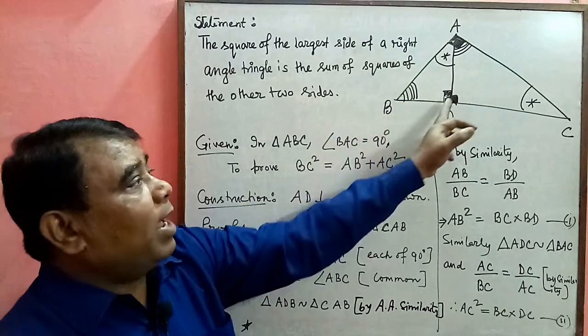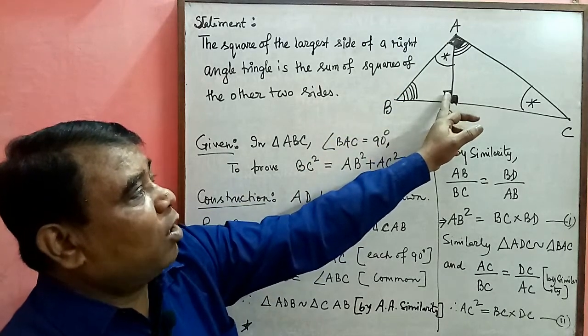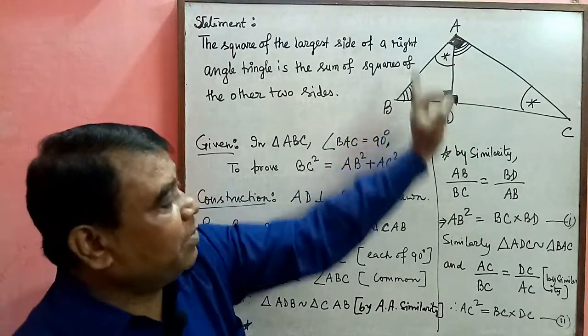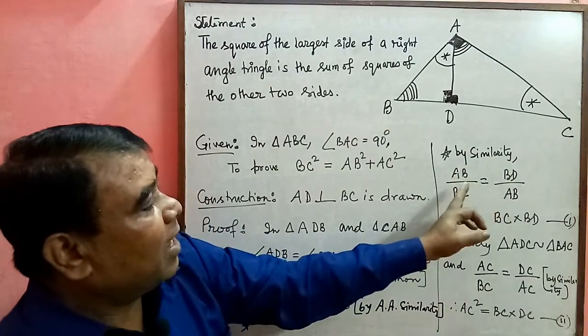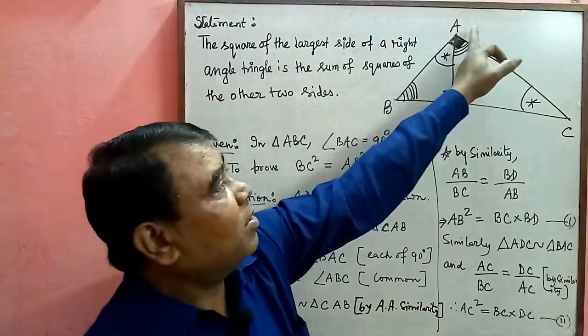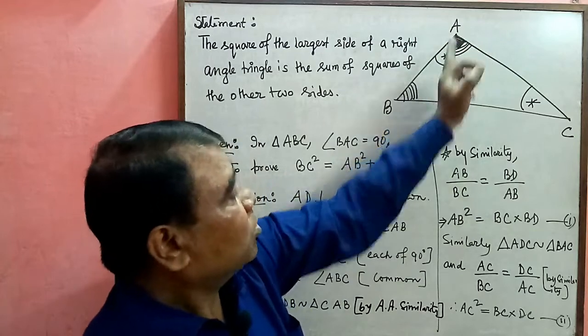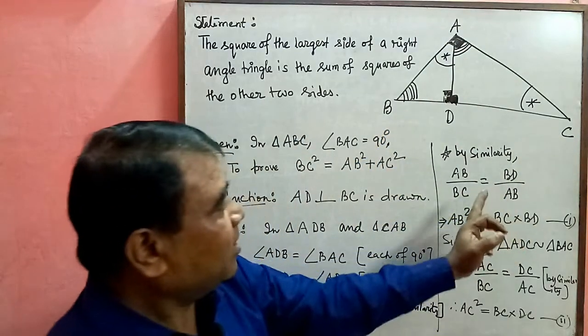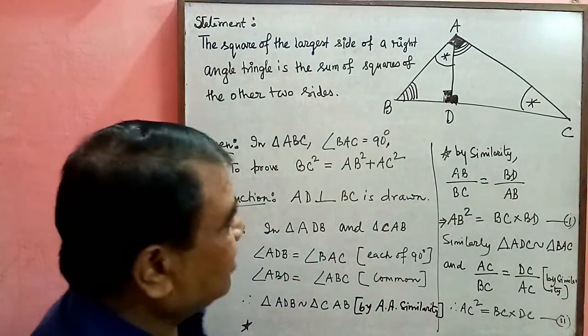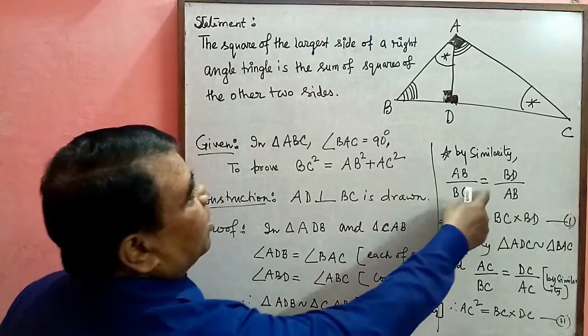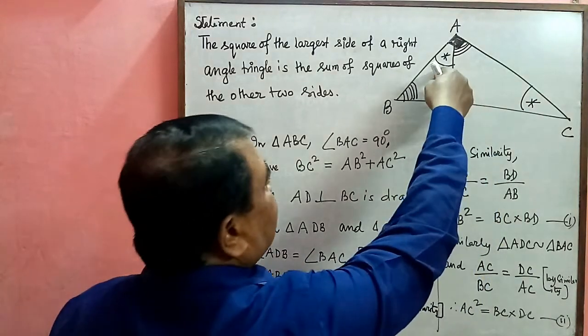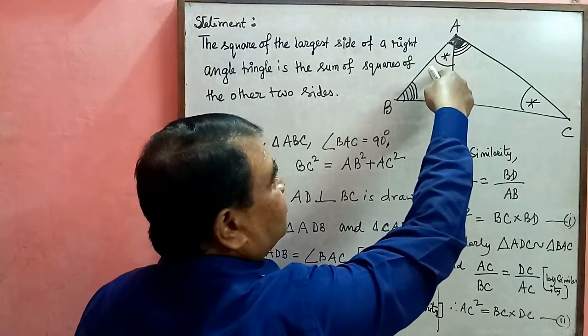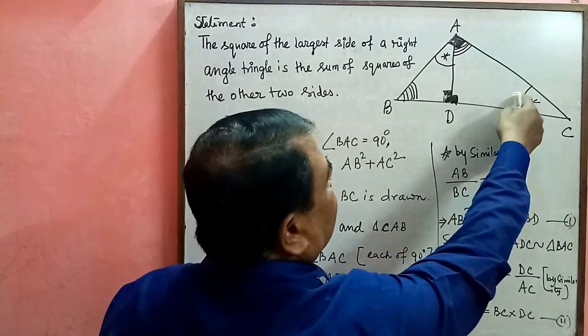the side opposite to the 90 degree of the smaller one, that is AB here, and BC is the 90 degree of the greater one. So opposite to 90 degree is BC. So AB upon BC is equal to. Now we will consider the next, third angle is this one, and the third angle of this greater one is this one.